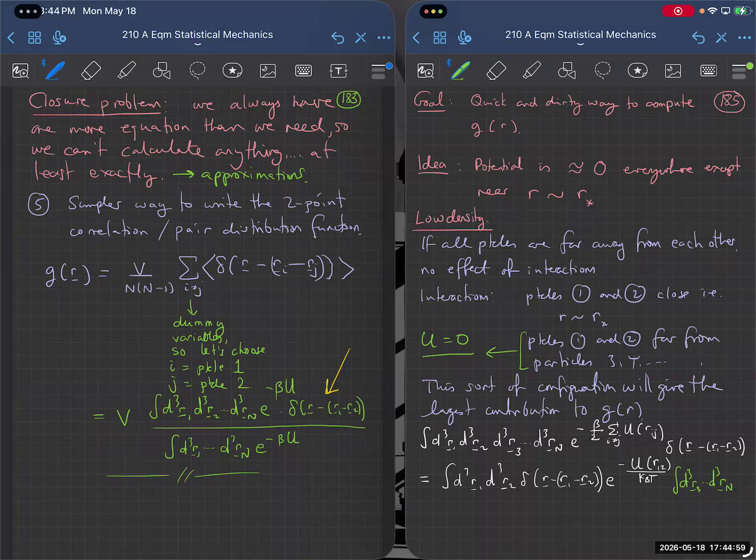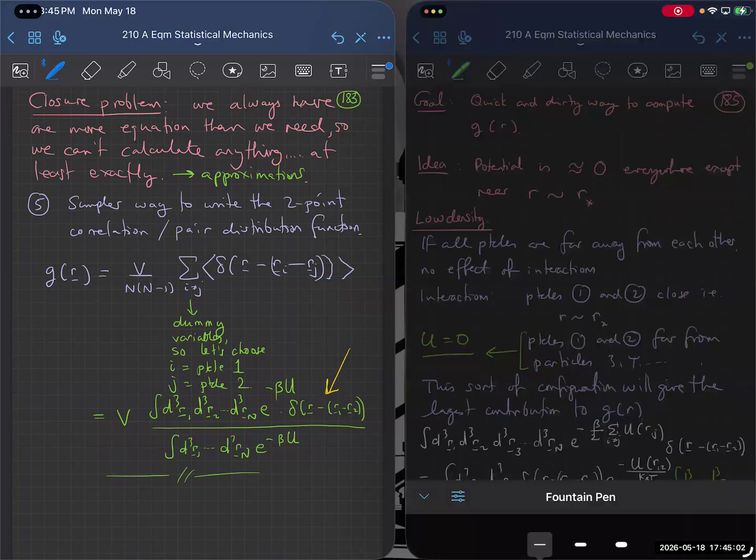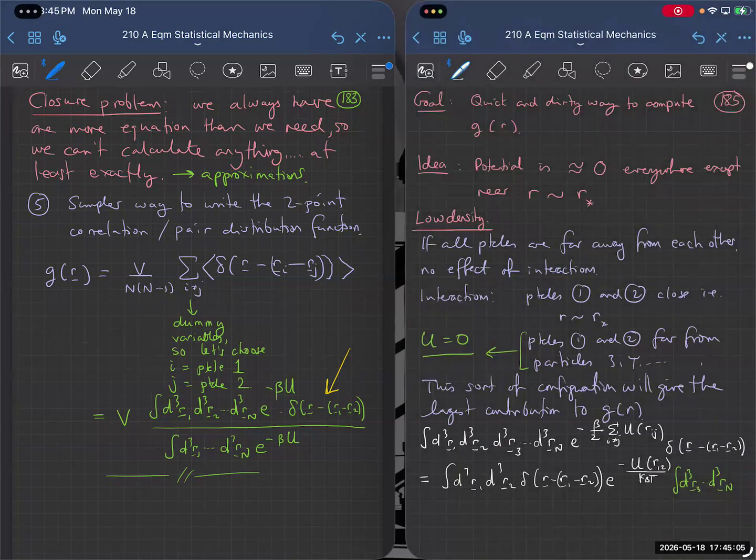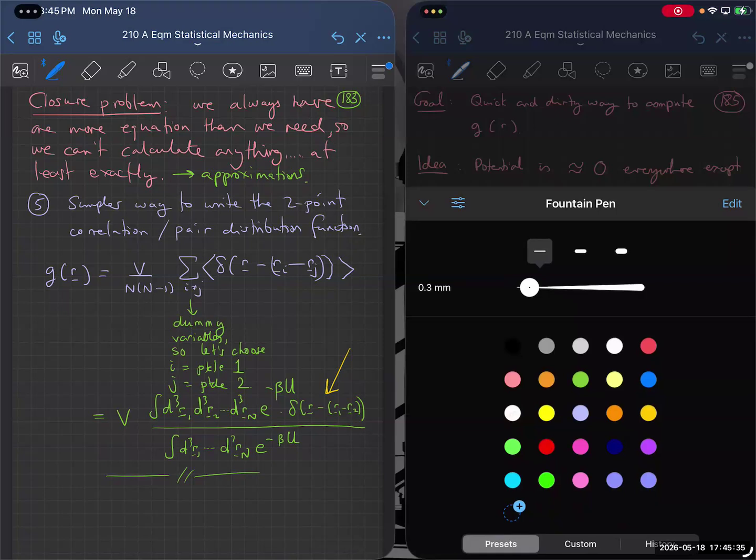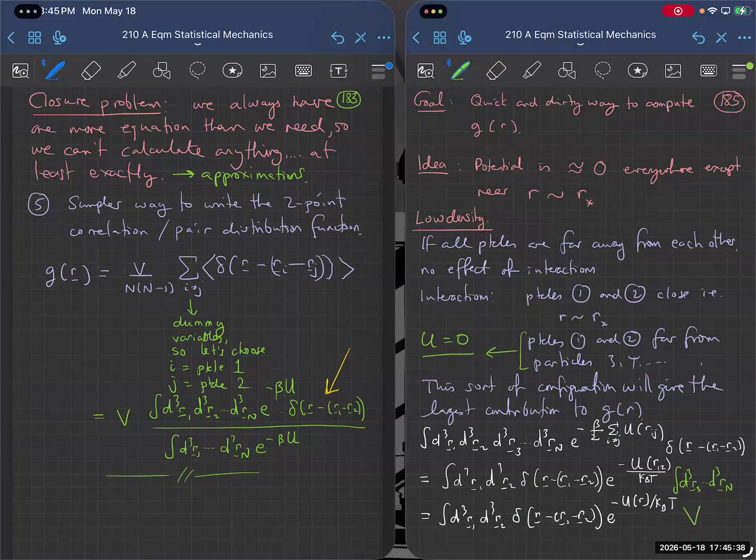And so then I can write this as equal to d3R1, d3R2, delta of R minus R1 minus R2, e to the minus U of R over kT, and then the other particles just give me a factor of the volume raised to the power n minus 2.